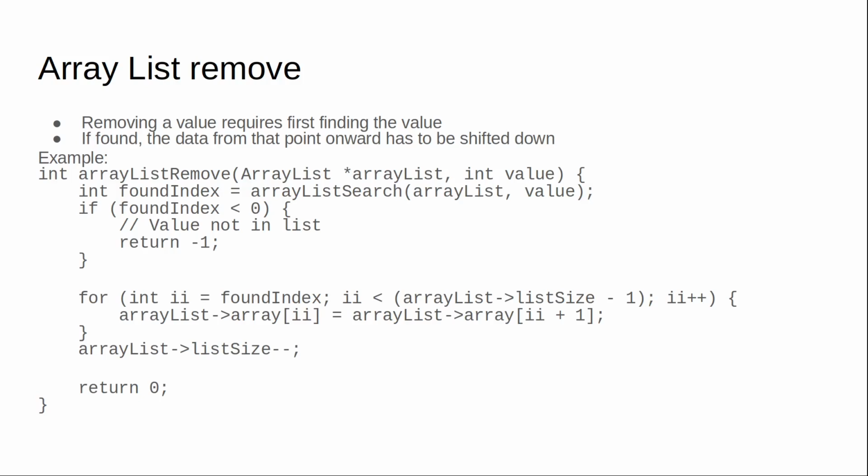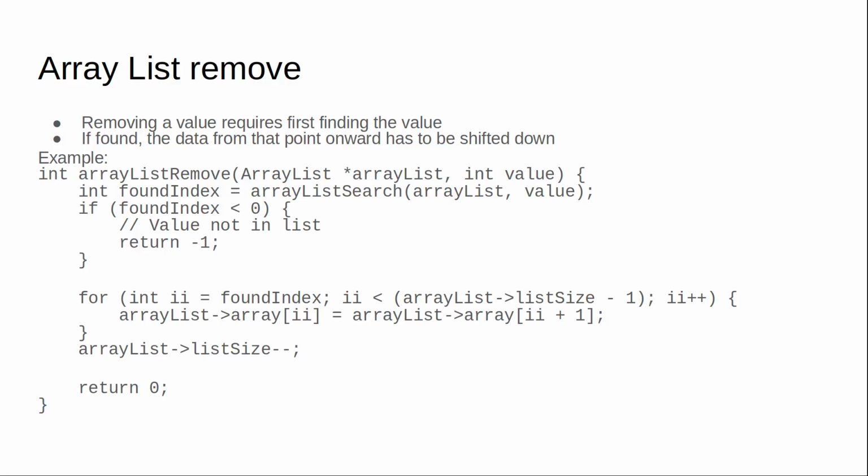In the case of an array list, removing an item is a strict order n operation, meaning that we will always have n operations to do, because once we find the element in the array, we have to then move all the other elements from that point onward down one index so that the array contents remain contiguous.